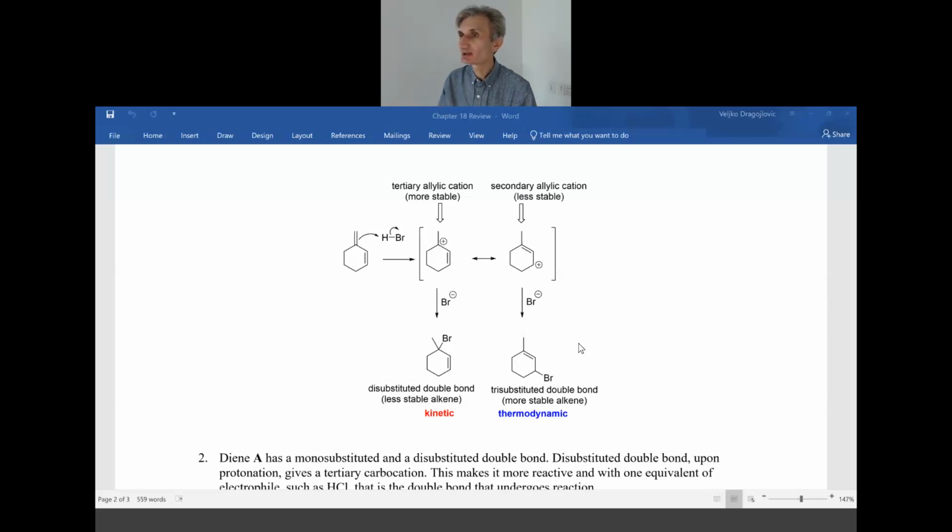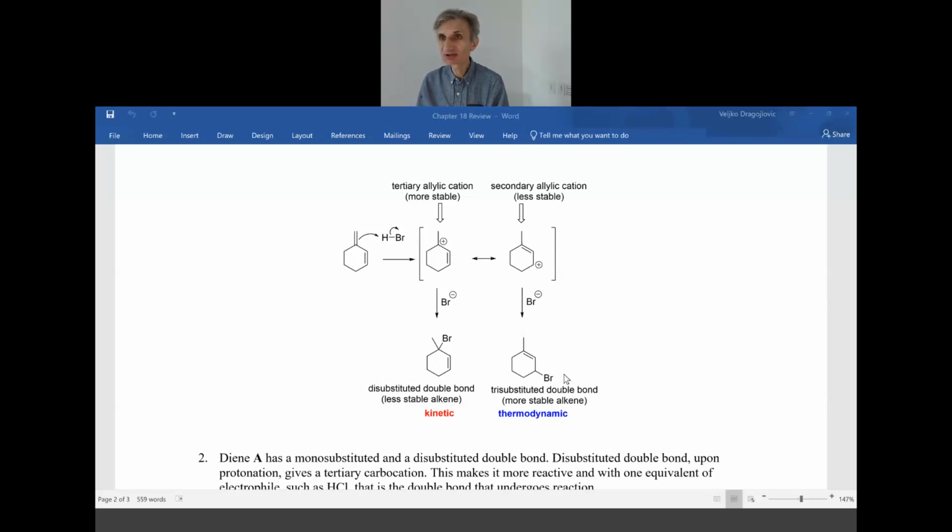The more substituted double bond is, the more stable it is, which means that this is more stable product. So we have one product that is formed faster, and that's kinetic, and the other one that while it is formed slower, it is more stable, that's thermodynamic. So in this case, kinetic and thermodynamic products are different. Sometimes they are identical, the same compound is both kinetic and thermodynamic, but in this case they are different.